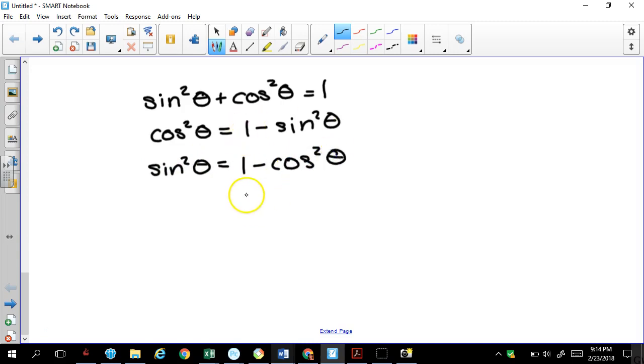You'll be given these 3. Okay, so the way to get from these 3 to the other 6 is simply you take each one, divide all terms by cosine, simplify. So sine squared divided by cosine squared, cosine squared divided by cosine squared is 1, and so on and so forth.